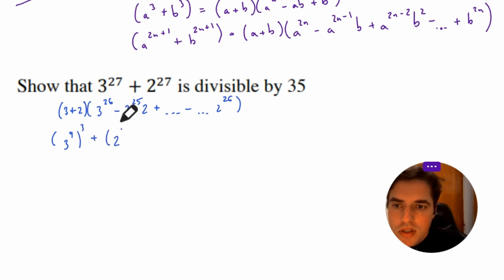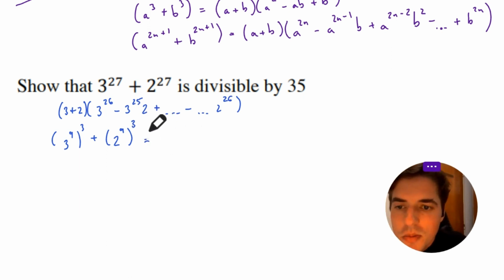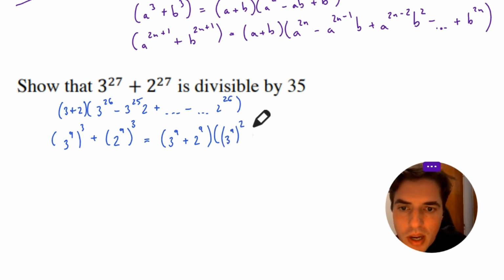Okay, great. 2 to the ninth to the third. Okay, so we've just taken out a 3. And this would be equal to 3 to the ninth plus 2 to the ninth times this. What do we have? We would have 3 to the ninth squared.